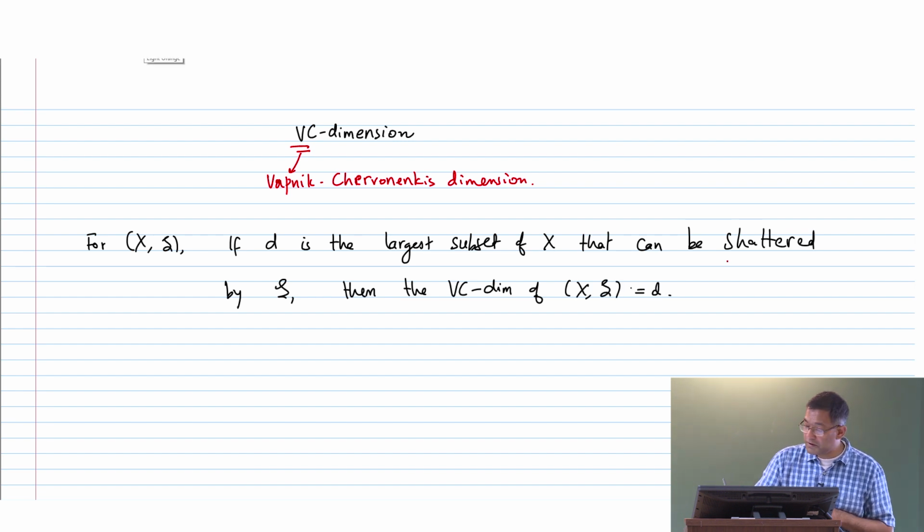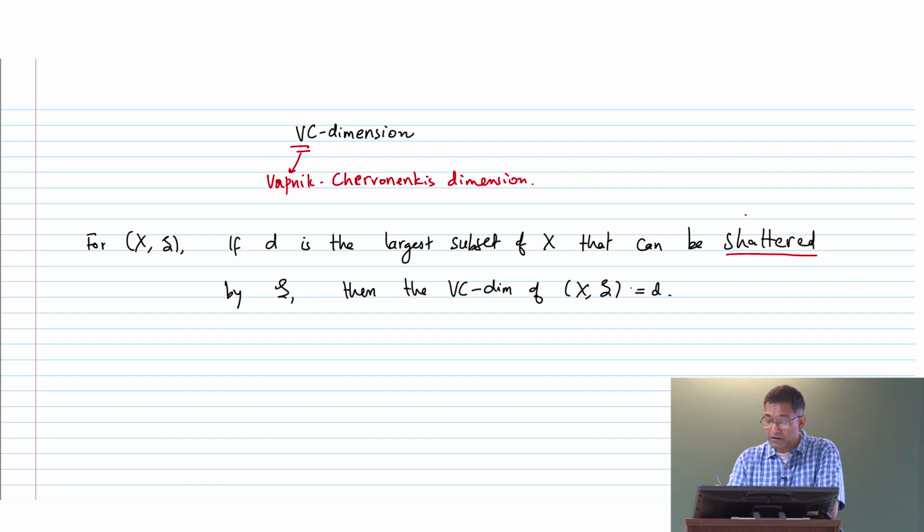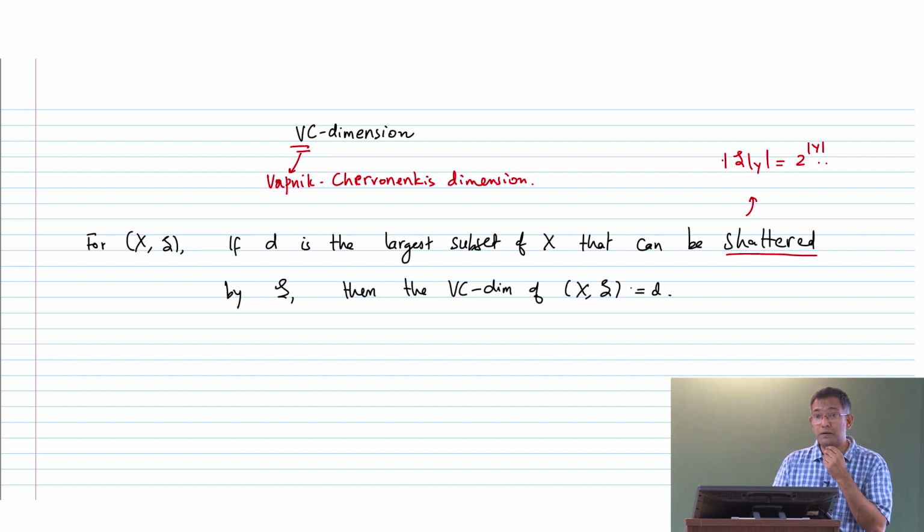So what is shattered? Shattered means that the size of S restricted to Y is equal to 2 to the size of Y, which means you can create all possible subsets of the set Y. Right? You could create all possible subsets of small sets smaller than D, but the moment the size of your set Y becomes large, then you cannot obtain all possible subsets.